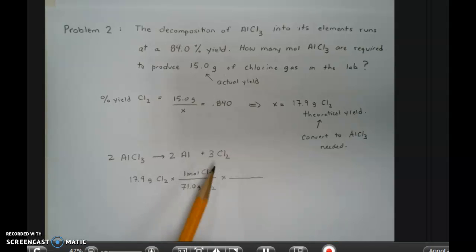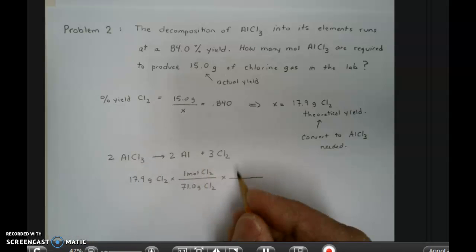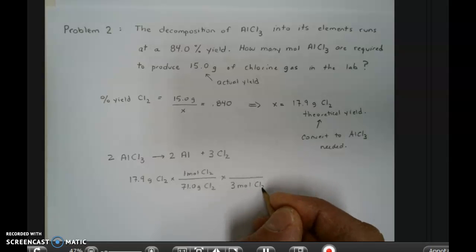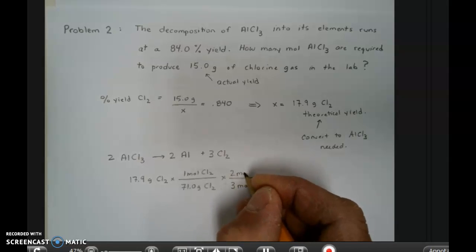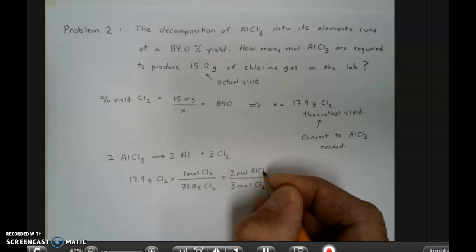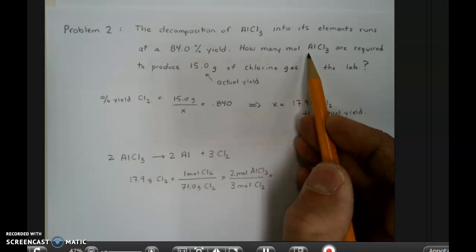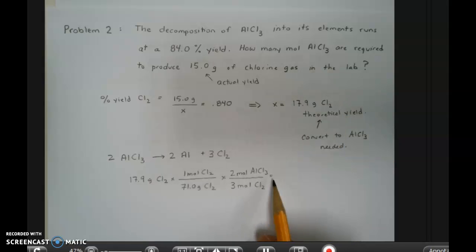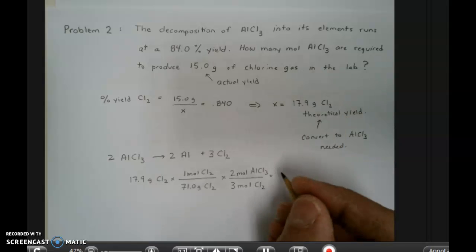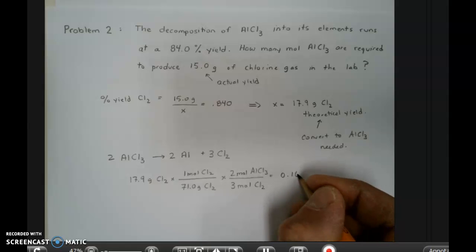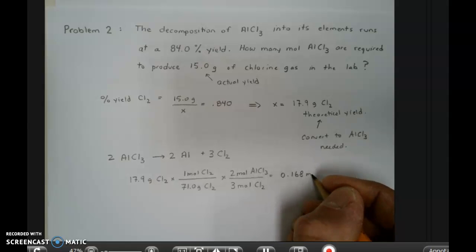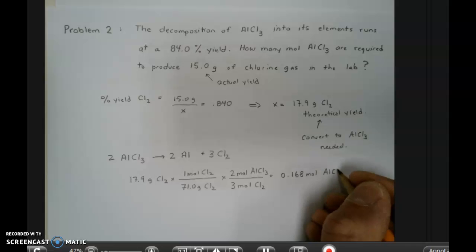The mole recipe is 3 moles of chlorine gas are produced from 2 moles of AlCl3. And they want moles, so I don't need to do another molar mass. I'm done here. That comes out to be 0.168 moles AlCl3.